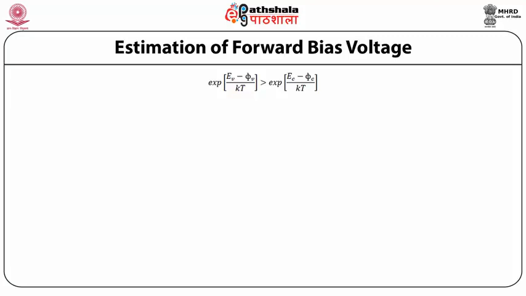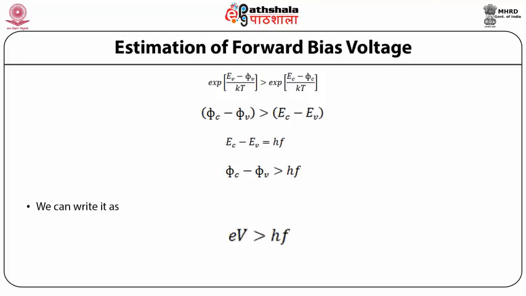And from a little knowledge of mathematics, phi c minus phi v is greater than Ec minus Ev, and since Ec minus Ev is equal to hf, so phi c minus phi v is greater than hf, so one can write eV greater than hf.